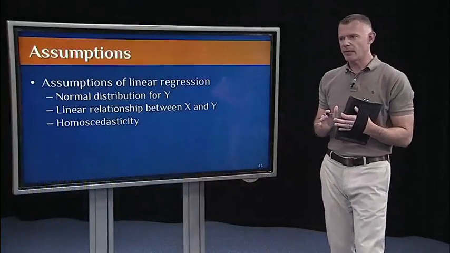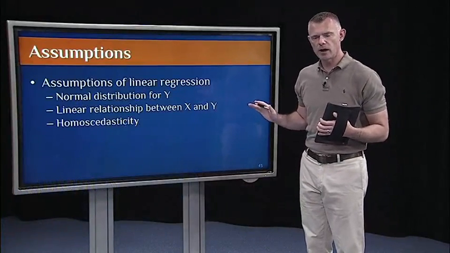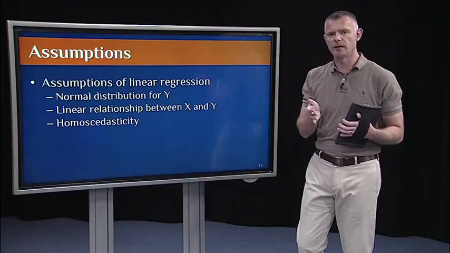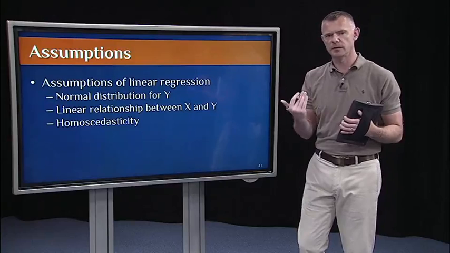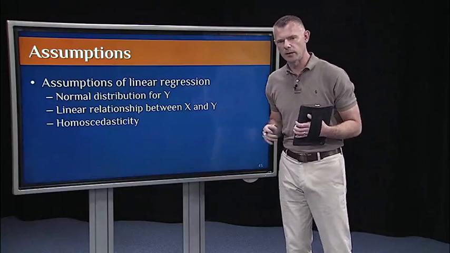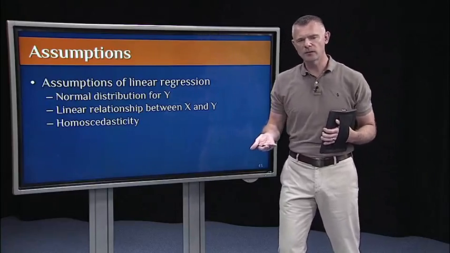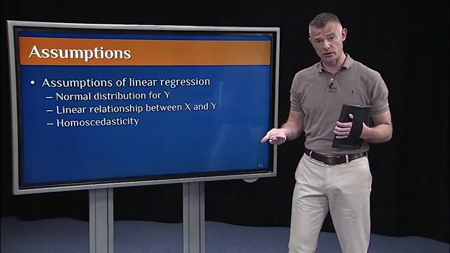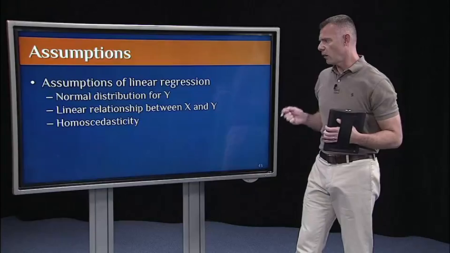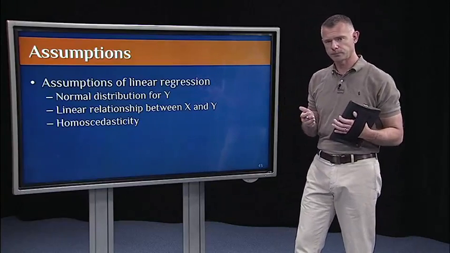Now, it turns out that the assumptions underlying a simple linear regression are almost identical to the assumptions underlying the correlation analyses that we did last week. So this segment will be quick and pretty easy, and basically a review of last week's assumptions underlying correlation analysis. So the first three assumptions are, one, that we have a normal distribution in y, the outcome measure.